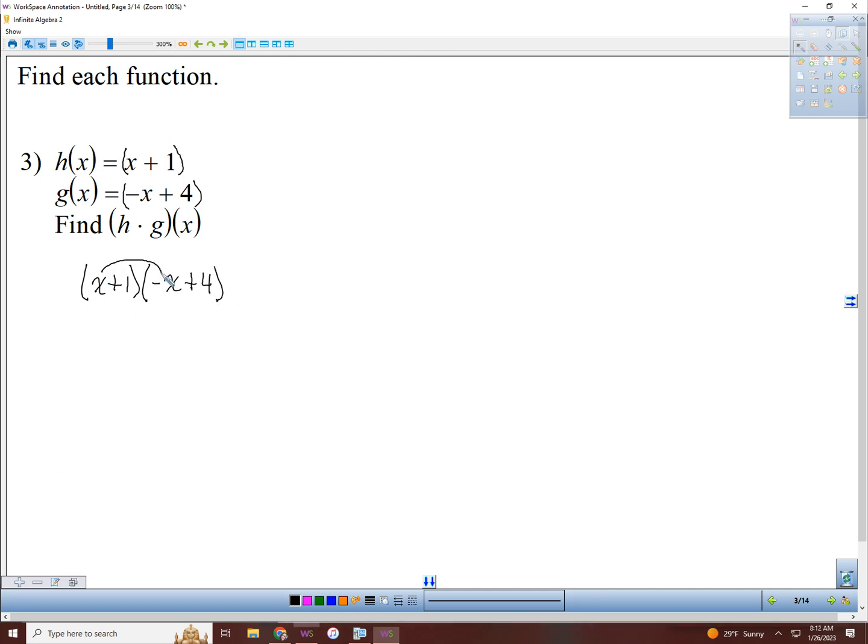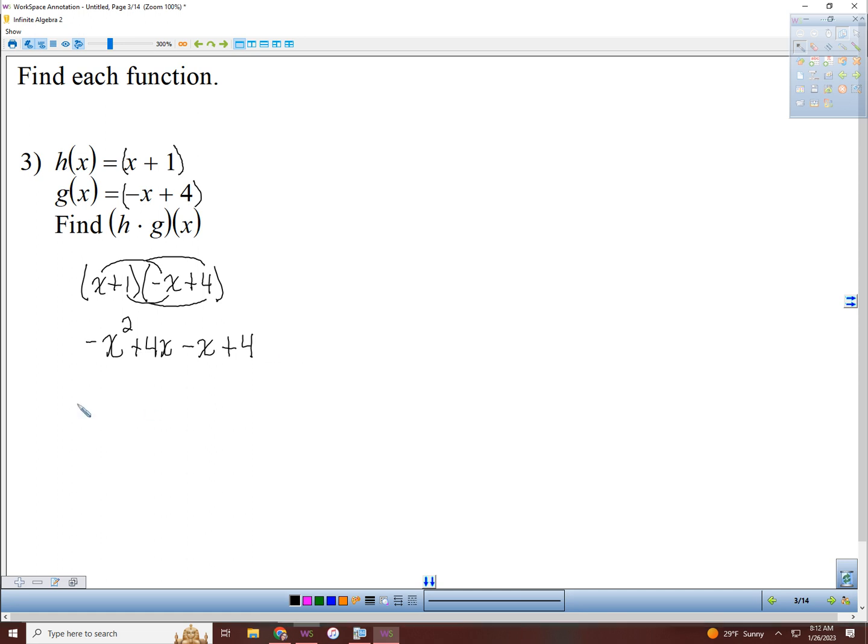So x times negative x is negative x squared. Negative x times 4 is negative, oh, that's a positive x, times 4 is positive 4x. 1 times negative x is negative x, and 1 times 4 is positive 4.